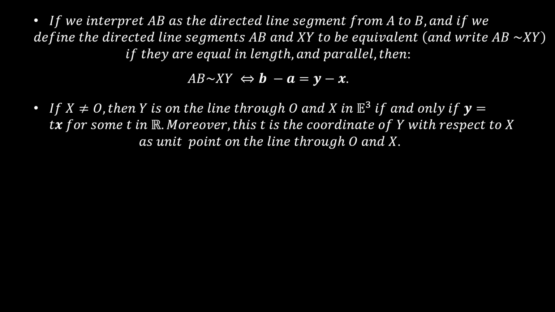Now, for some T, that is obviously a real number. Moreover, this T is the coordinate of Y with respect to X when we consider X to be a unit point on the line through O and X, right?